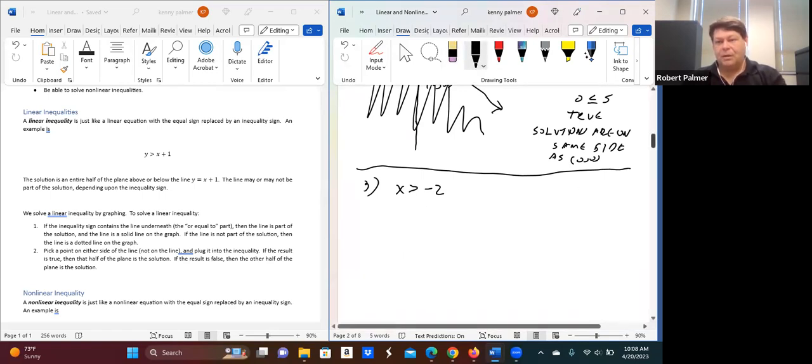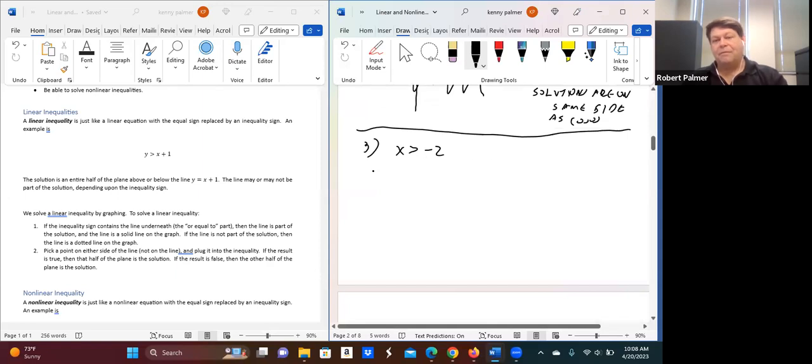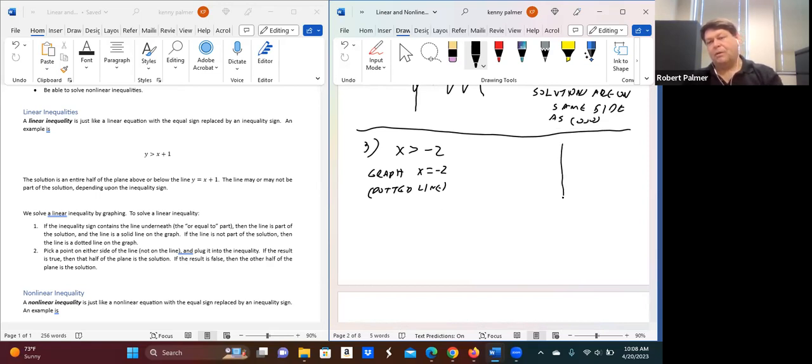Now, let's graph x equals negative 2. This is going to be a dotted line, since we don't have the equal to part, which means the line itself is not part of the solution.